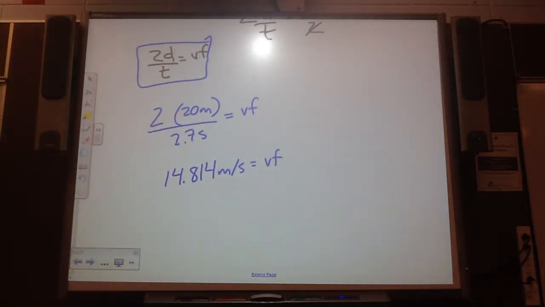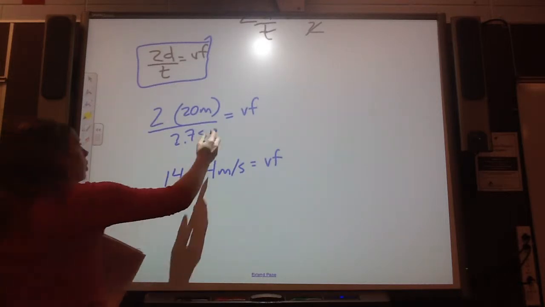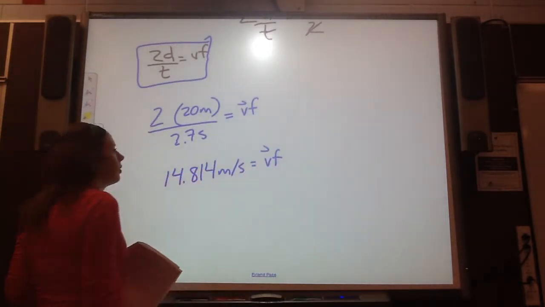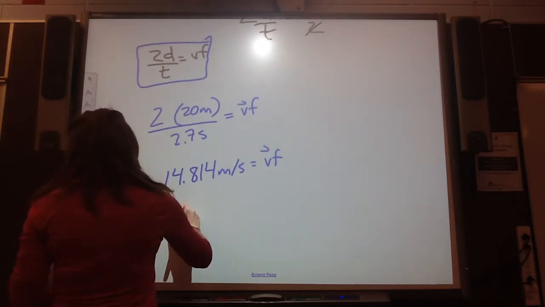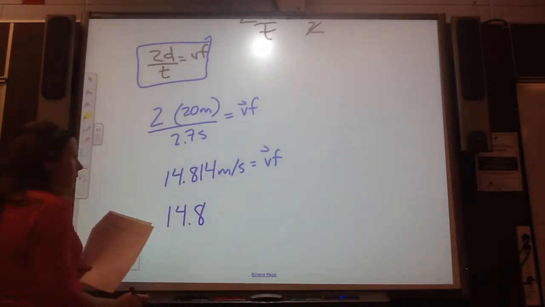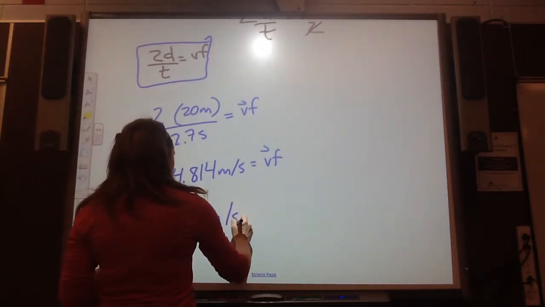So you should get 14.814 meters per second. What else do I need to give about information for this? It's direction. So what direction is this traveling? North. Okay? And my sig digs. Yes, I heard some of you say that too. 14.8 meters per second north.